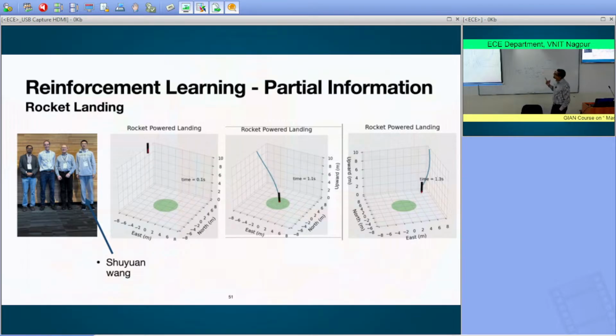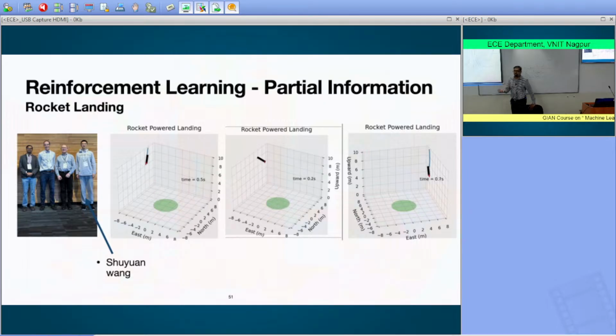But the difference between his work and Nathan's work is that Nathan assumed that he did not have a model. And then when we realized that reinforcement learning is very data hungry when you don't provide it a model, we asked Shuyan to come up with ideas for modifying the reinforcement learning algorithm for problems where we have some partial information about the model, right?